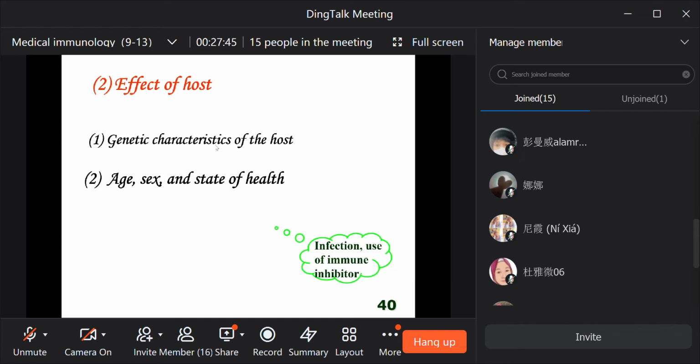For example, in the maybe very simple virus forms. Well, I'll check the name.